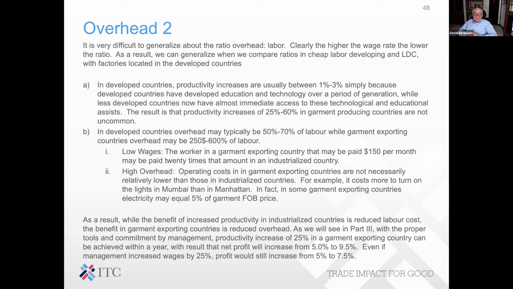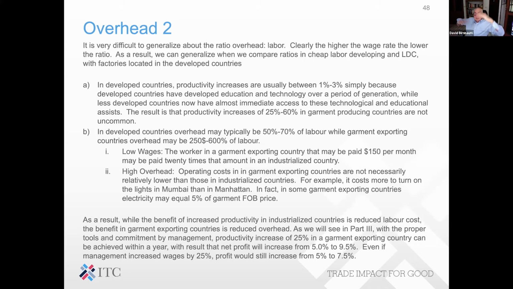In an underdeveloped country, where you have very cheap labor, maybe 5% of the wages paid in a developed country, the cost of labor is less important. At the same time, the overhead is not as low as you would think. It costs more money to turn on the electricity in Mumbai than in Minneapolis or Manchester.